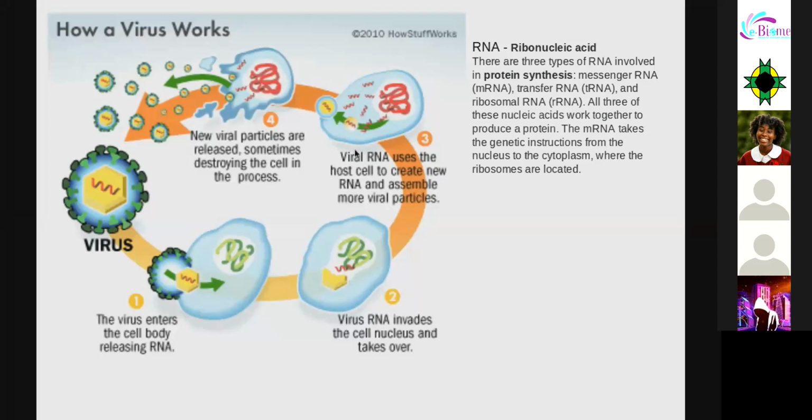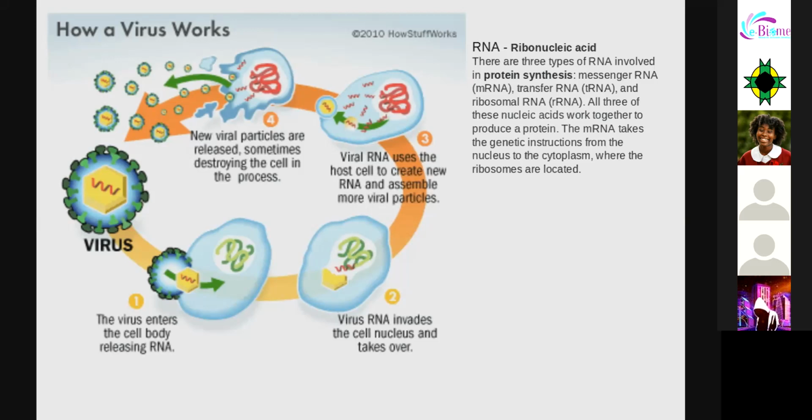Viral RNA uses the host cell to create new RNA and assemble more viral particles. So what is happening here? The viral RNA tells the host cell that, look, you have to start creating more of me, or in standard English, it tells the host cells to start creating new RNA and start making more virus.